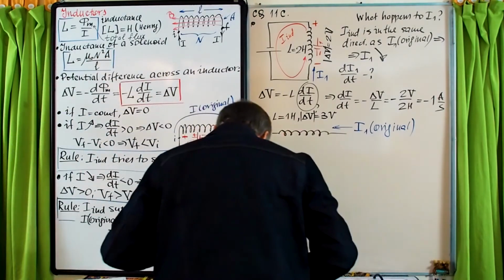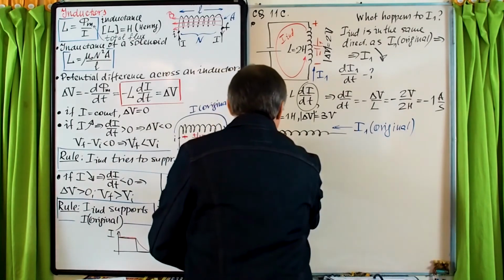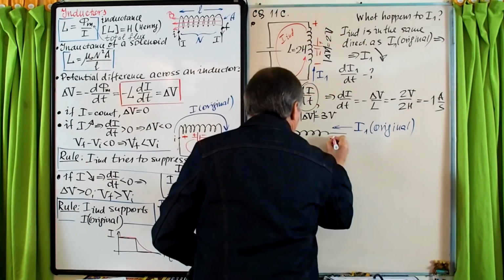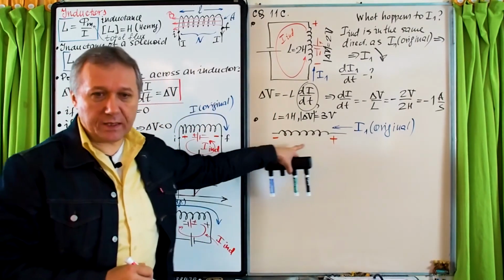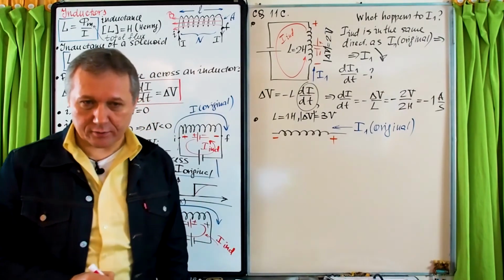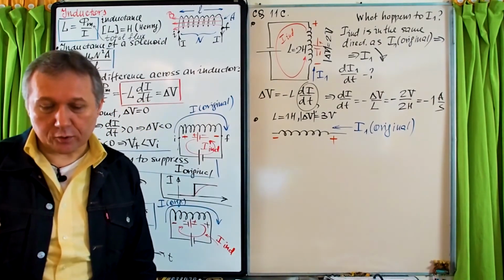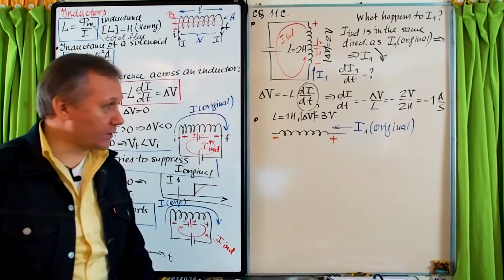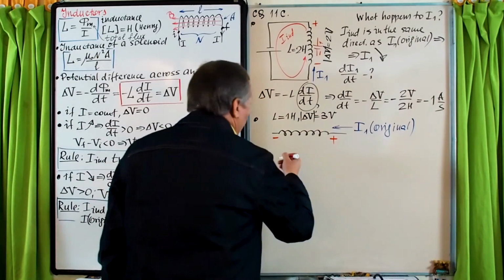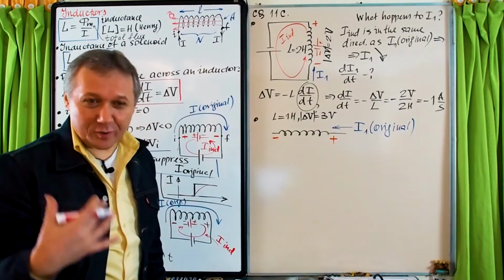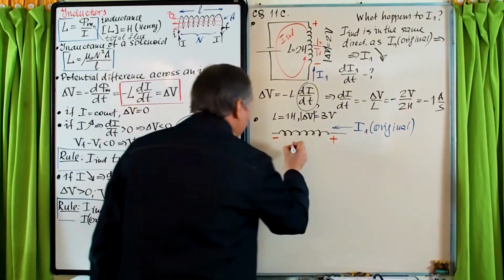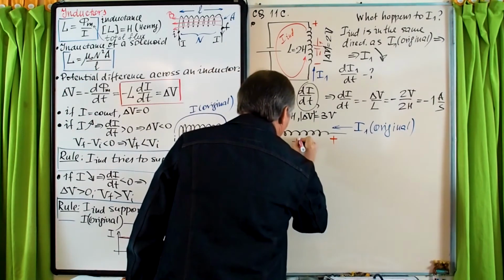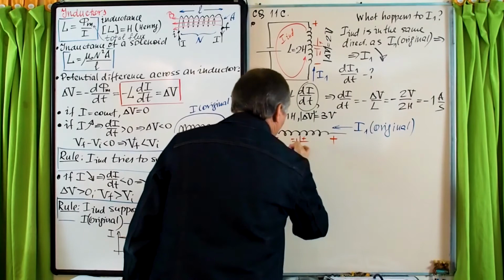So the solenoid creates lower potential over here and higher potential at the entrance. Again, we need to find out what happens to that current. In order to avoid getting the wrong direction, I would just draw a small battery with this polarity.